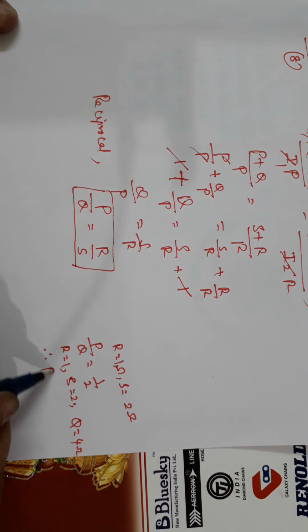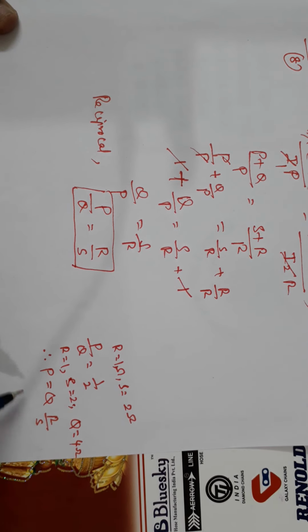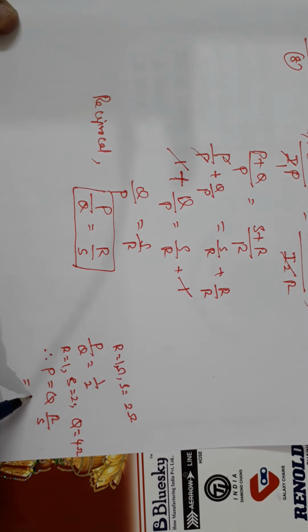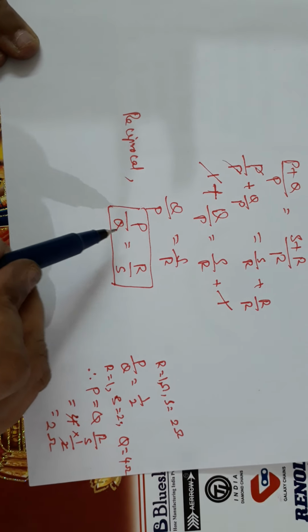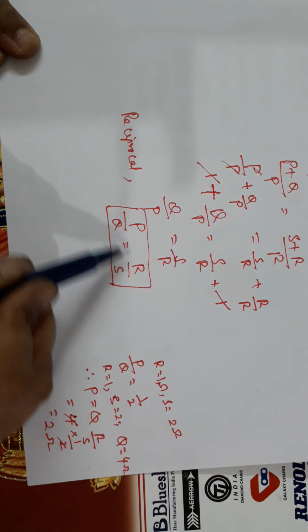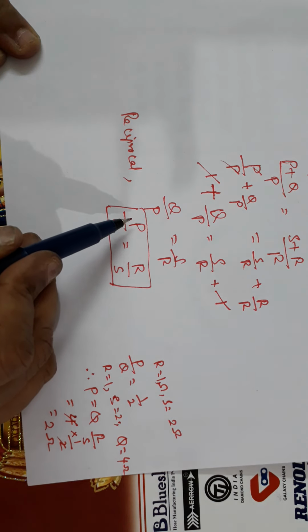So therefore you can find the third resistance. What do you get? P is equal to Q into R by S, right? So that is equal to 4 into 1 by 2. So what is the unknown resistance P value? 2 ohm. So if you know the values of Q, R, S resistances, you can find the unknown resistance P.